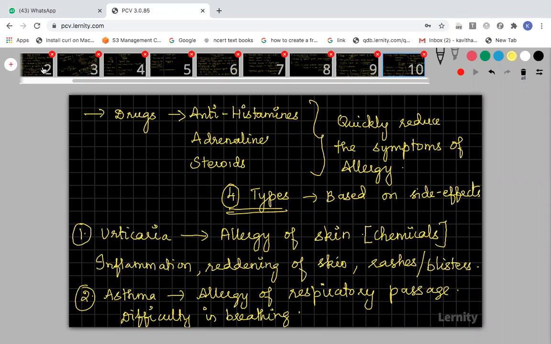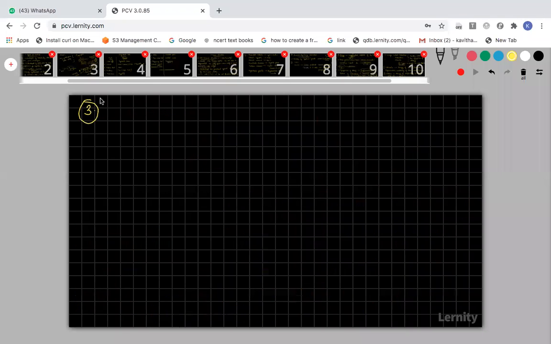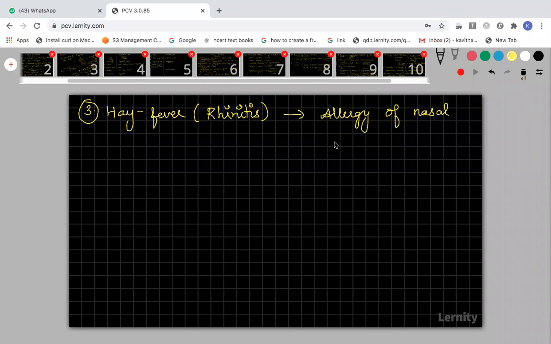Now I will tell you the next one. The third type of allergy is hay fever. This hay fever can also be called rhinitis. This allergy will occur in your nasal lining. What do you mean by nasal lining? In your nasal cavity you will have mucosal lining, right? Mucosa. So that will be majorly affected because of this hay fever.